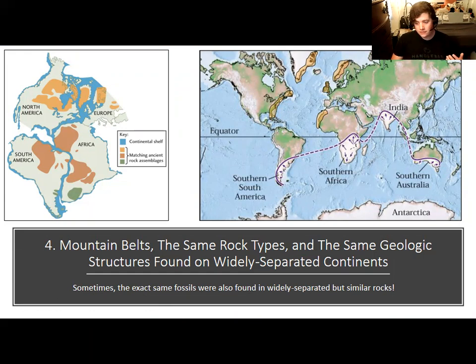Scientists would also observe mountains with similar folding structures on either side of the Atlantic Ocean, or rocks from southern South America and southern Africa and India and Antarctica and southern Australia having very strong similarities.